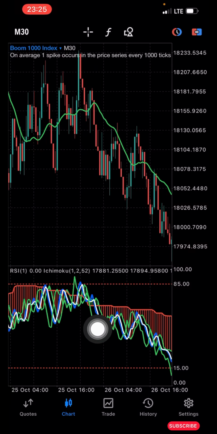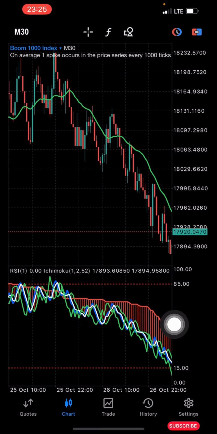You see these lines, the green, white and blue, these colors here need to be below this line here. What I'm trying to say is that whenever you see that the line here has changed to red, and the 4 lines here are below it, that means that you are in the sellers' market.